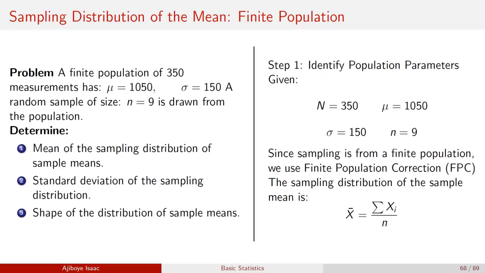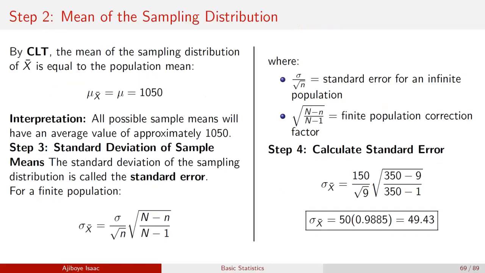So the first thing to do is to identify the parameters given in the question. We have been given the population size, the population mean, the population standard deviation, and the sample size. And since we have a finite population, we therefore include the finite population correction factor.